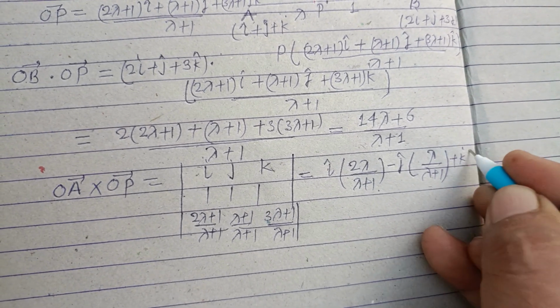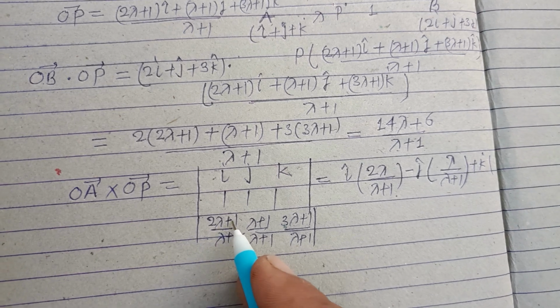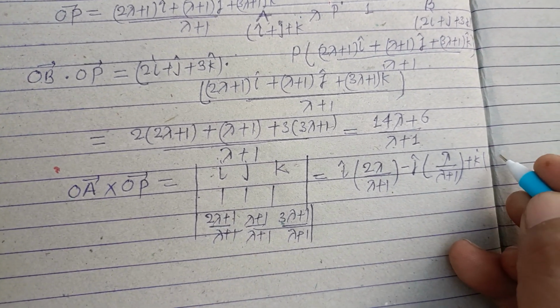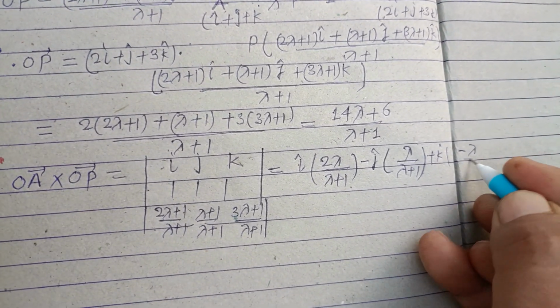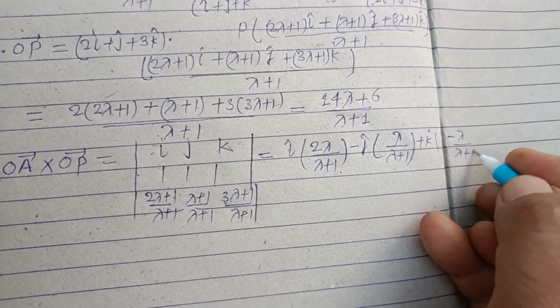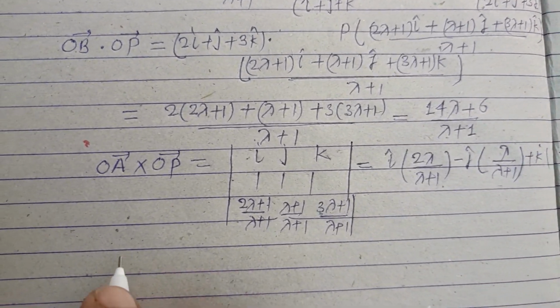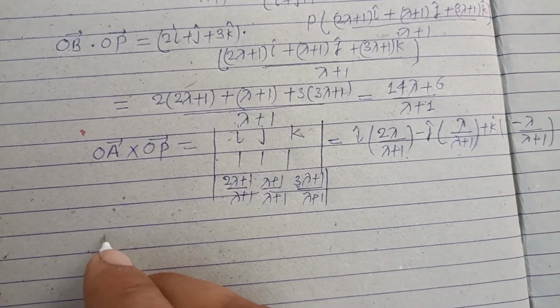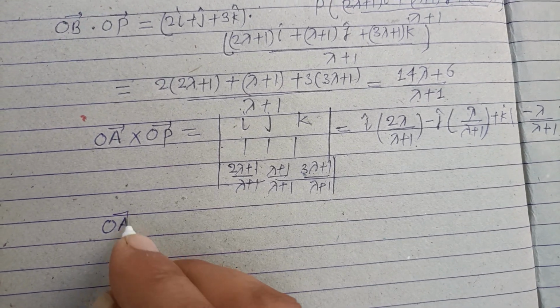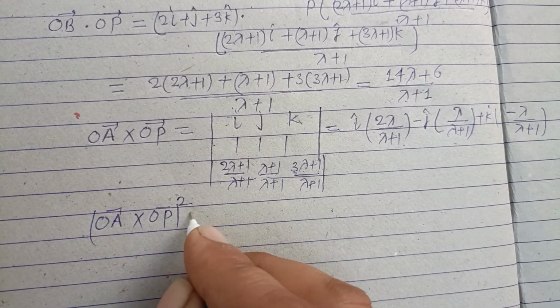Plus k into (lambda plus 1) minus (2 lambda plus 1), so this is minus lambda over lambda plus 1 into k cap.